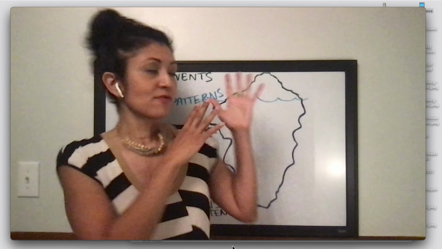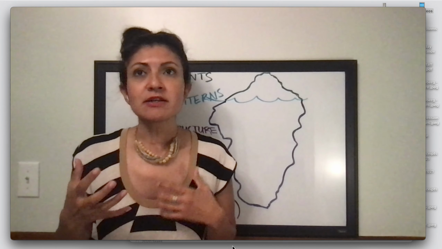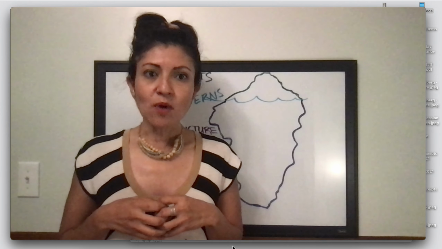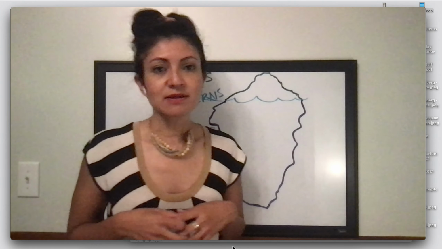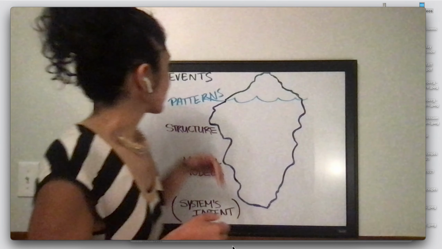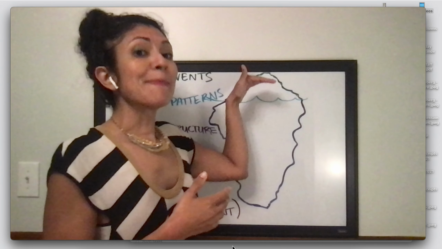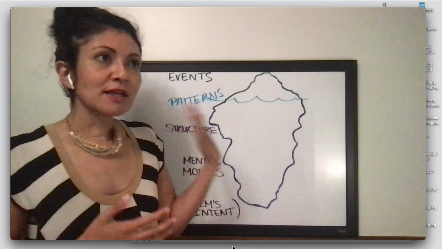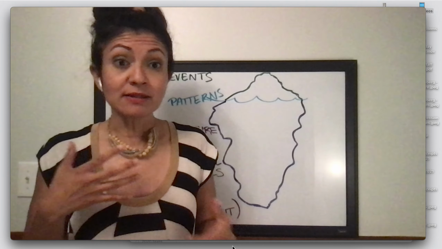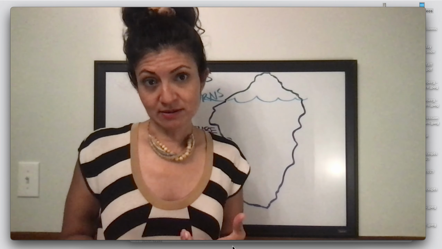And a lot of times these events, when we're talking about them in this context, are events that you might be asking yourself, oh, I wonder why that happened. So events can be positive and events can be negative. And they're usually apparent to us. And sometimes we think of events as isolated, one-time things.